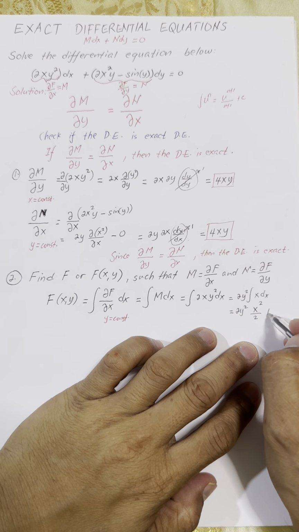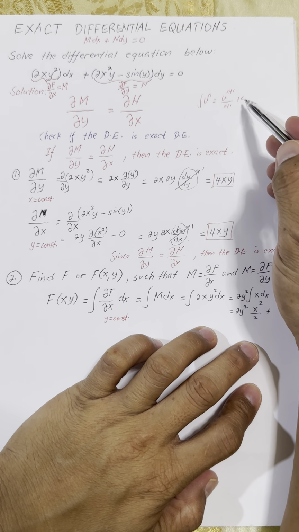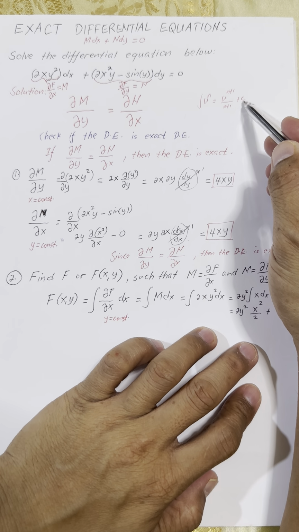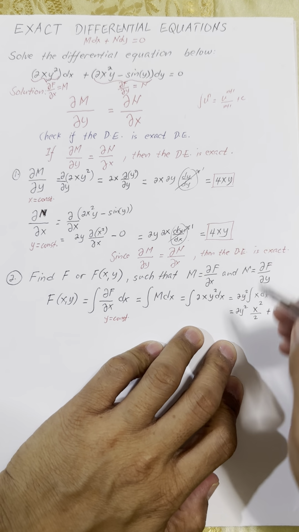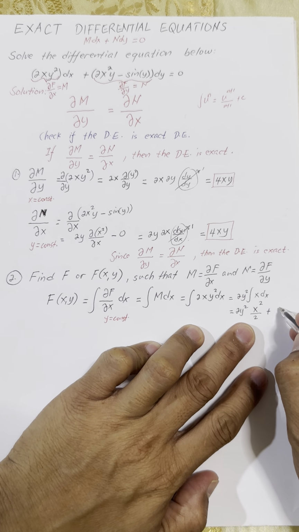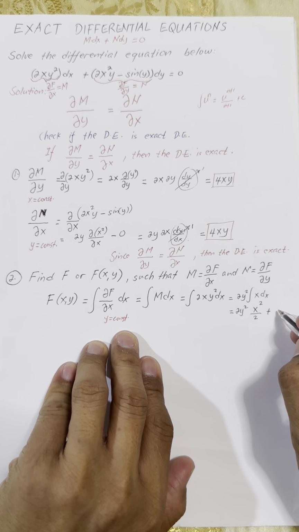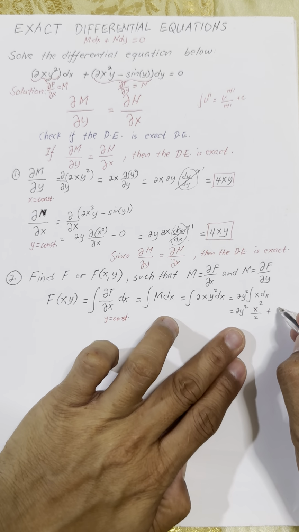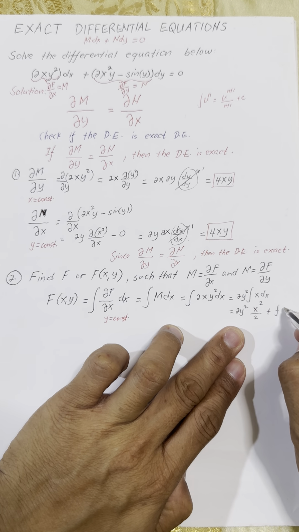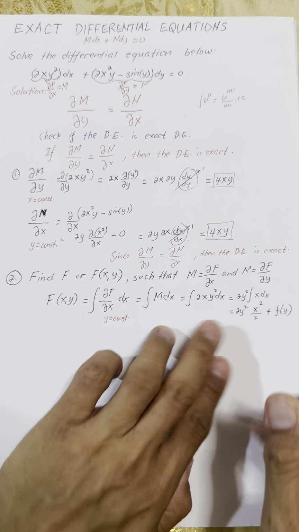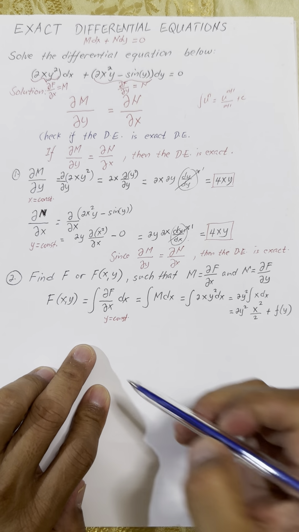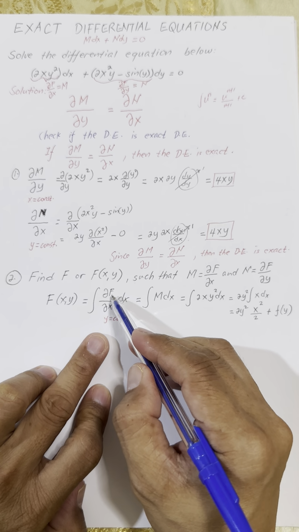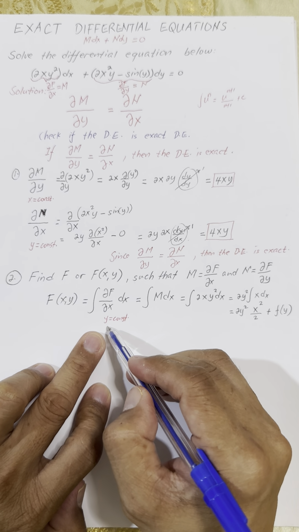Then plus, instead of writing c, our constant here is a function of y, so we write f sub y. Because you see, we are integrating the partial derivative of the function with respect to x, considering y is constant.